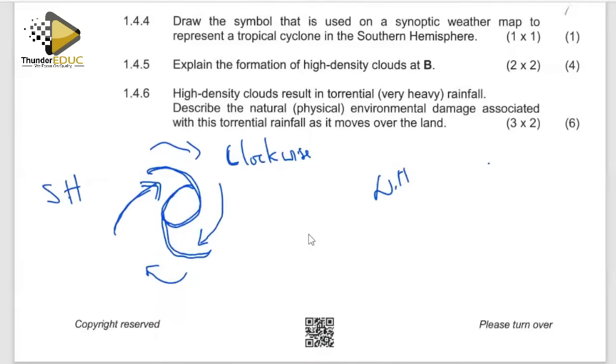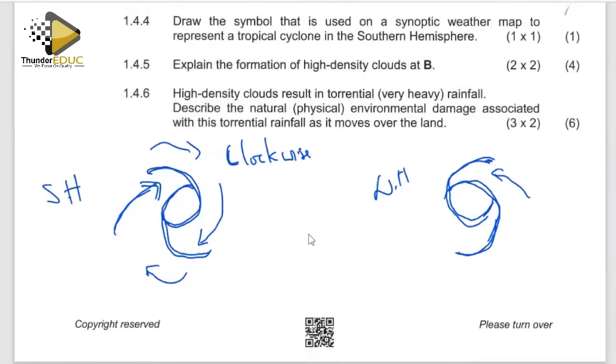Then the northern hemisphere is the opposite. The weather system is indicated like this and is indicated that way, also implying that this system is a rotor system which is rotating in this direction.